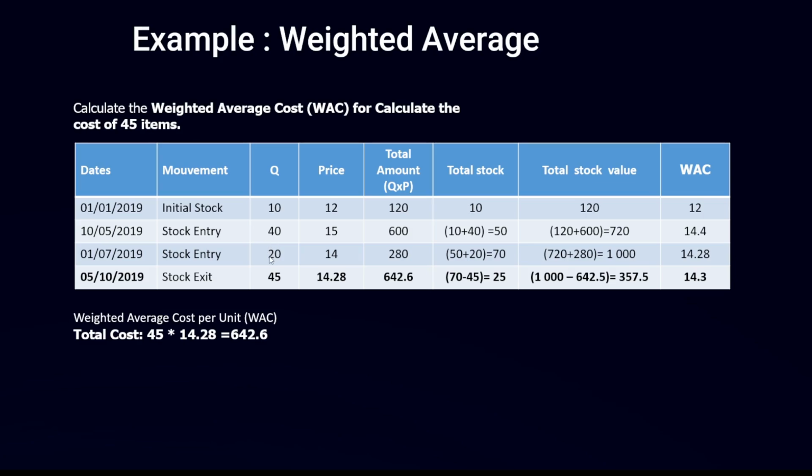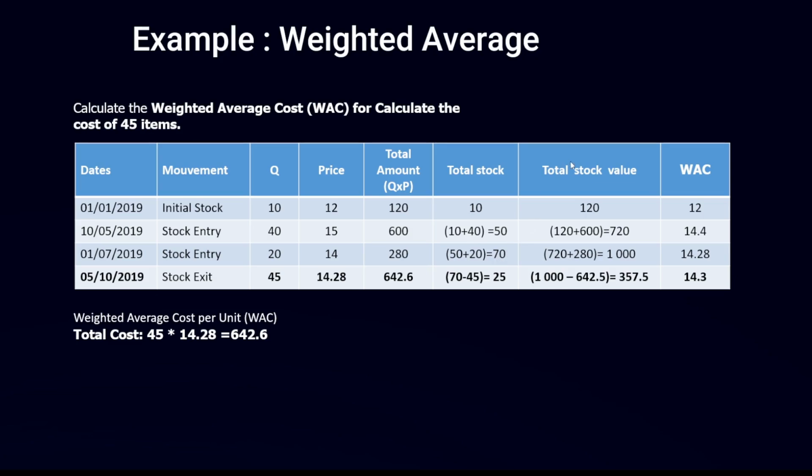Then we move to the third line. We have another purchase for 20 with a price of 14. The total amount is 280. The total stock is the addition of 50 plus 20, and we get the total stock of 70 items.